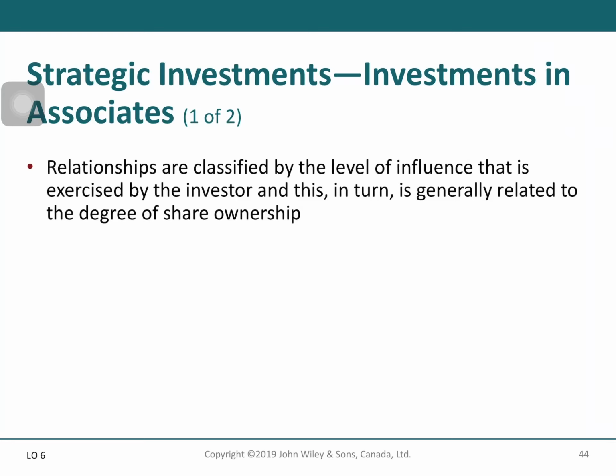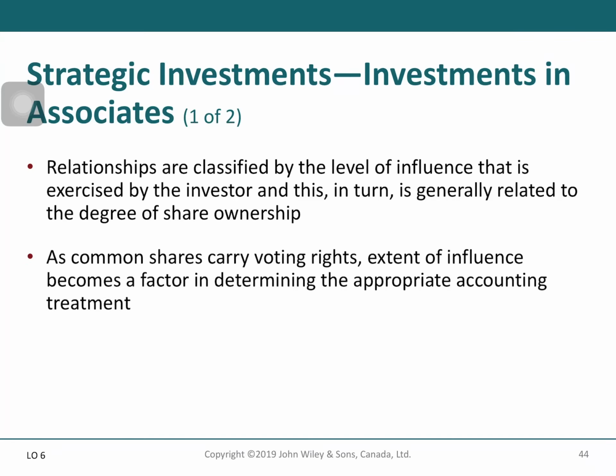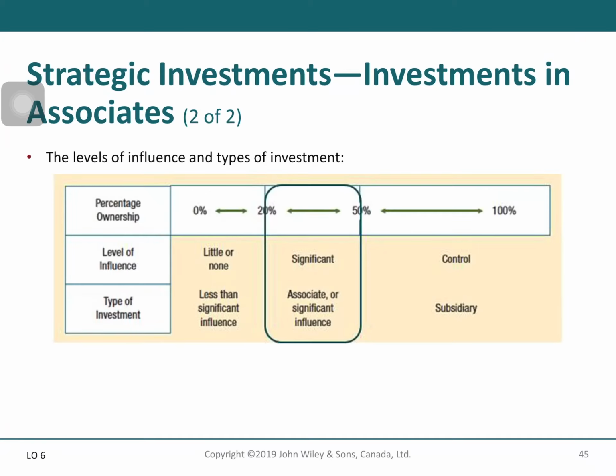Okay, next is strategic investment. We call it a strategic investment if you invest in an associate. Associate means you have ownership of 20% up to 50%. Okay, this is it.